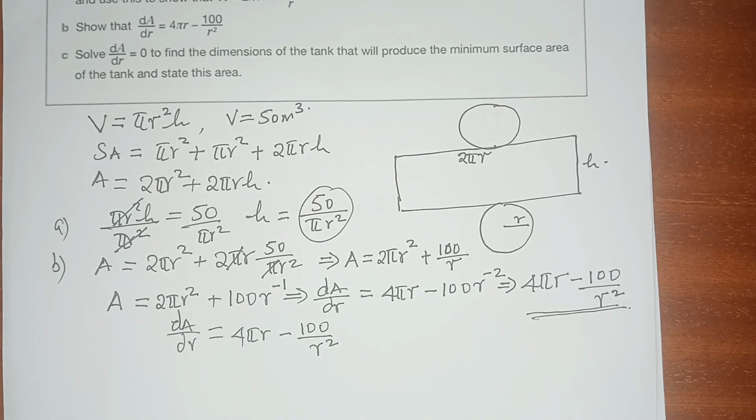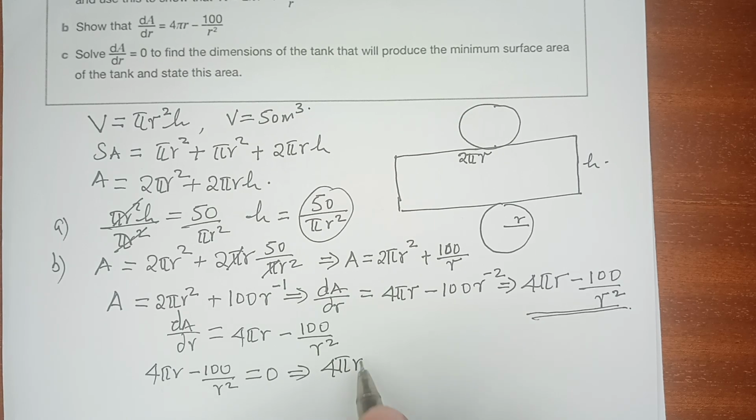Now, we have always known that at the maximum or minimum point, the first differential should be equal to 0. So we are simply saying dA/dr is equal to 0. And this means 4πr minus 100 over r squared is equal to 0, because it is dA/dr.